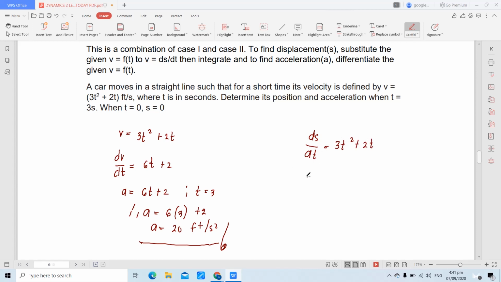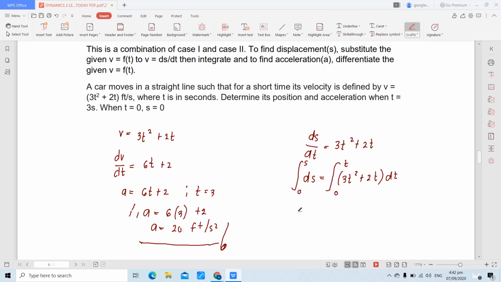And by cross multiplication, ds is equivalent to 3t squared plus 2t quantity dt. And then integrate now both sides of the equation. Apply the limits. Lower limit. Ano sabi doon? When the value of time is 0, the position is 0. To final time t, to final position s. Gets po?